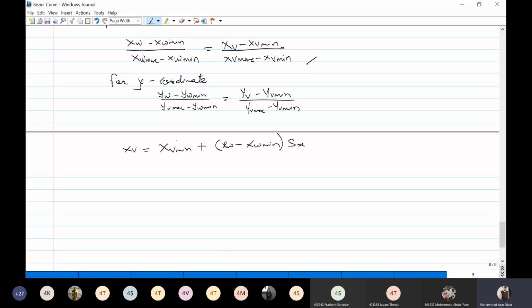So Sx is nothing but the scaling factor for the x coordinate, and Sy will be the scaling factor for the y coordinate. So yv will become yv minimum plus yw minus yw minimum times Sy.